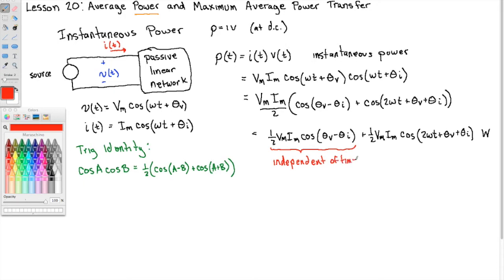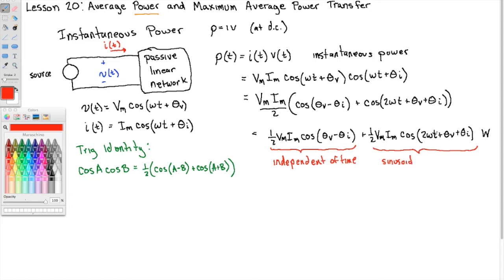So it's not oscillating at all. It's not a sinusoid. It's a constant, right? And it's a constant that depends on, of course, the amplitudes of voltage and current, but also the difference in their angles. But it does not change with time, so that's a constant. Then we have this piece, and of course this is a sinusoid.